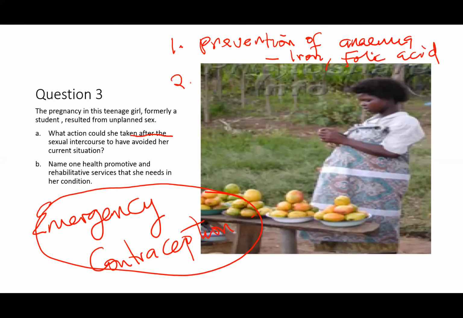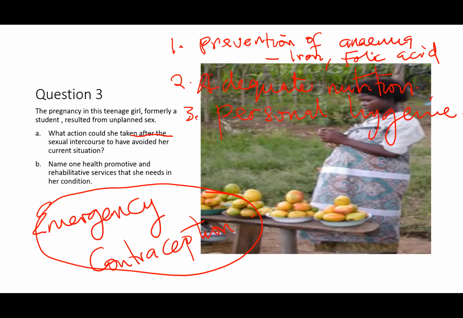Two, adequate nutrition. And three, you have to encourage personal hygiene. So these are the health promotive measures you want to take.